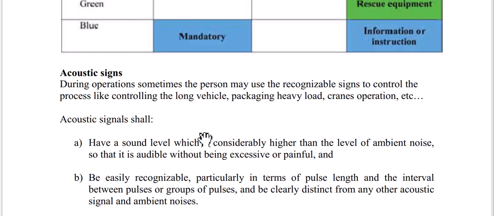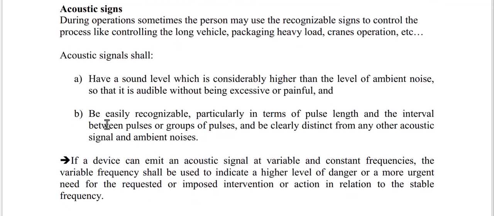And also sometimes we can use the hand signs, like when we control the car by using the hand, or a call sign. Those signals are provided by acoustic, but not actually mentioning all the words; a certain sound represents a certain information, and we say it is an acoustic sign.